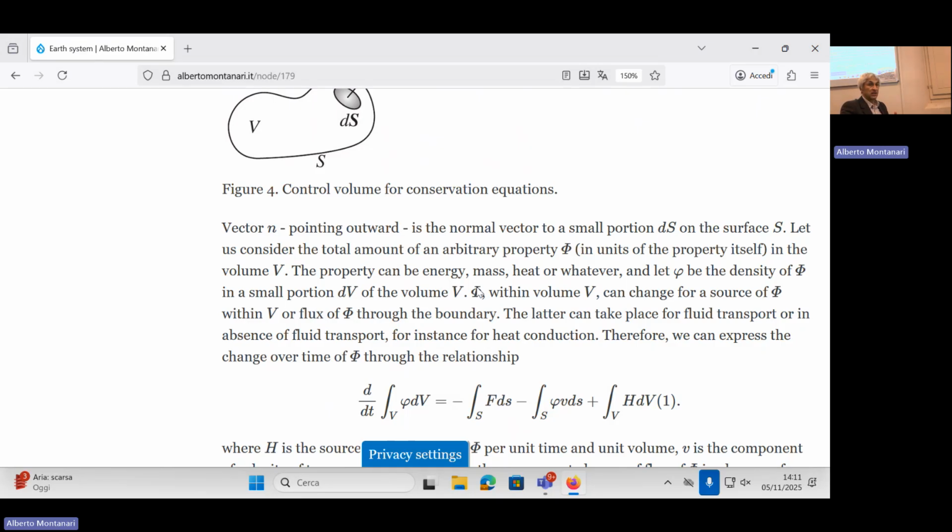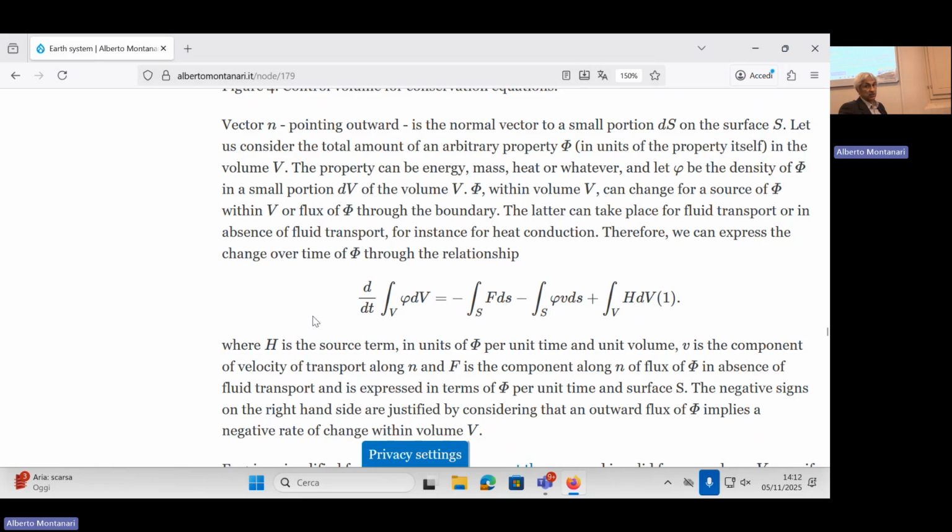The flux through the boundary can be split in two components, as I said: flux associated to fluid transport, or flux in absence of fluid transport, for instance, conduction. So the change over time, basically, this is the equation from which we start. The change over time of capital phi inside the volume can be expressed through this relationship.